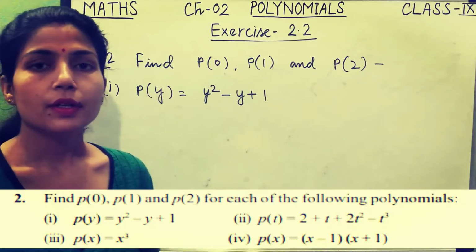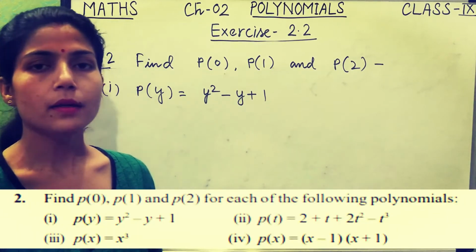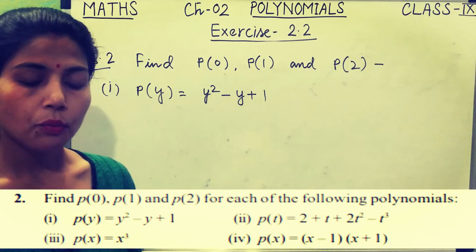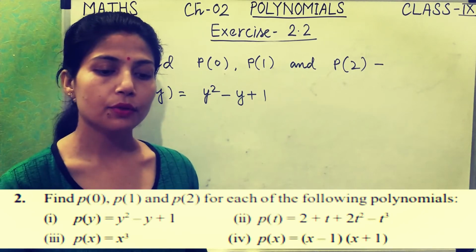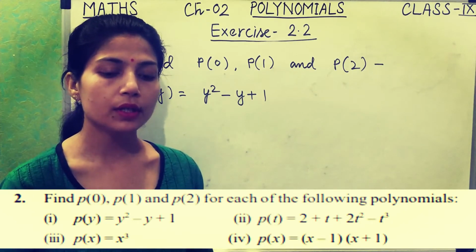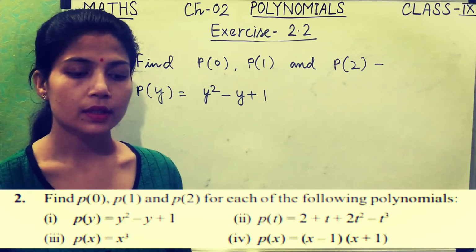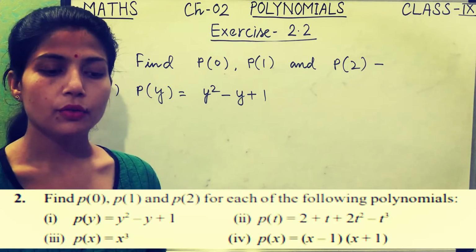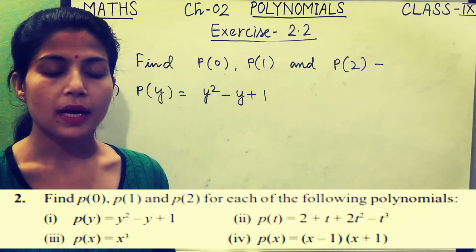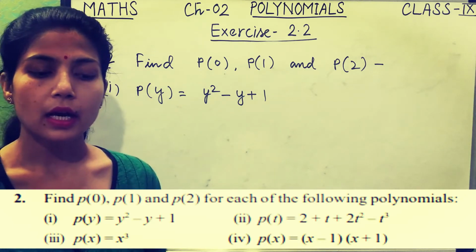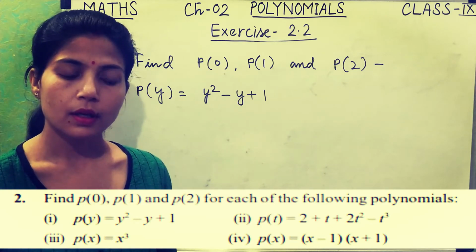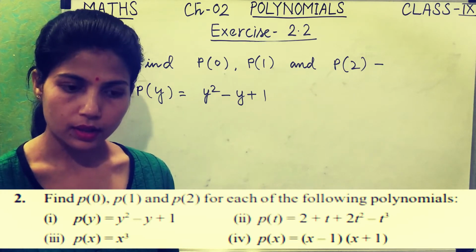So question number 2 is find P0, P1 and P2 for each of the following polynomials. So here you are given the polynomials and you have to find out the value of the polynomial at x equals 0, or whatever the variable is here.